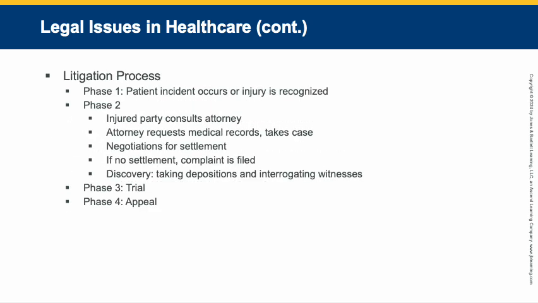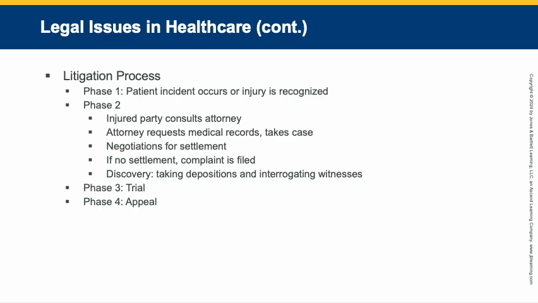Litigation process. Litigation is the process used to settle legal disputes. About 10% of malpractice lawsuits go to court. The rest are settled out of court. There are 2 phases. Phase 1 begins when an alleged patient incident occurs or the patient becomes aware of a prior possible injury. Phase 2 is when the injured party or a family member consults with an attorney.